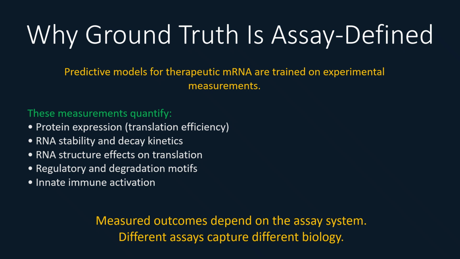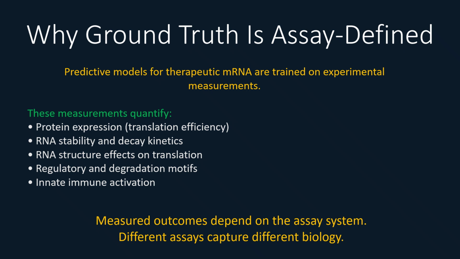Every sequence function model depends on experimental data: expression levels, decay rates, immune system activation, stability. All of these come from biological assays. So when we build predictive models for therapeutic mRNA, the model doesn't see actual biology directly, right?